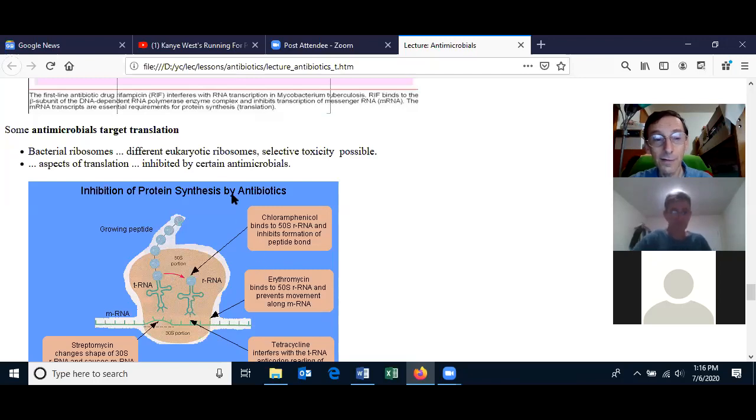Okay, so this is just a side note, and that is the few antibiotics that do work on archaea tend to be antibiotics that stop protein translation.